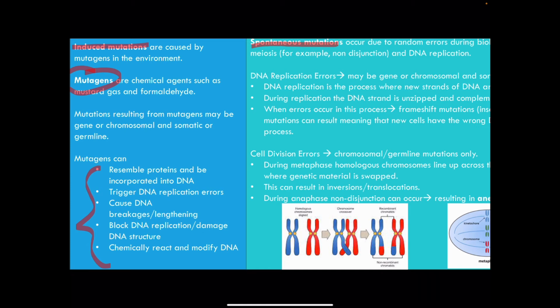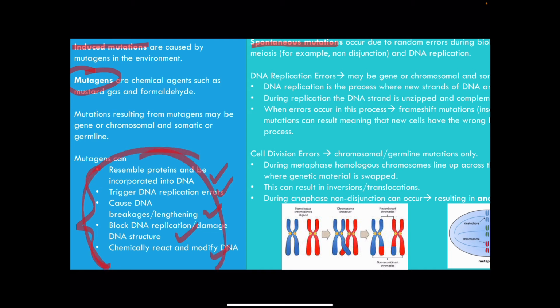Firstly, mutagens can resemble proteins and be incorporated into the DNA. They can trigger DNA replication errors. They can cause DNA strands to break or lengthen. They can block DNA replication or damage the structure of the DNA, and finally they can chemically react with and modify DNA.